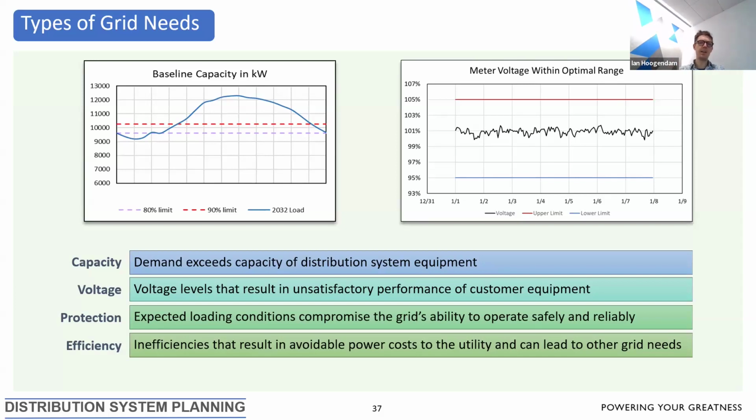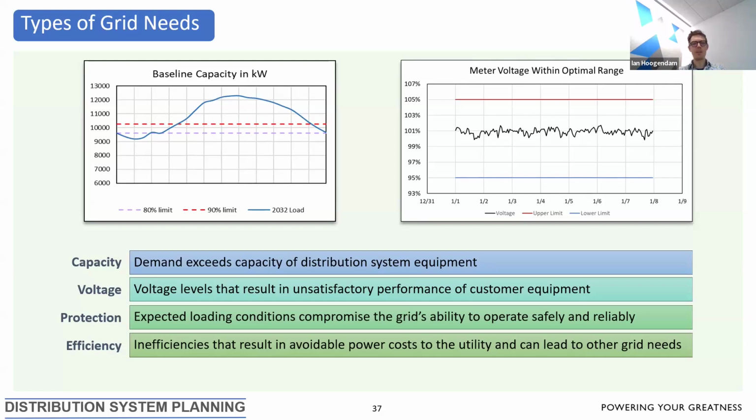Another common grid need is voltage, where deviations from the acceptable range at customer meters can occur. So we try to maintain voltage levels within 95% to 105% of the optimal voltage during normal operations.